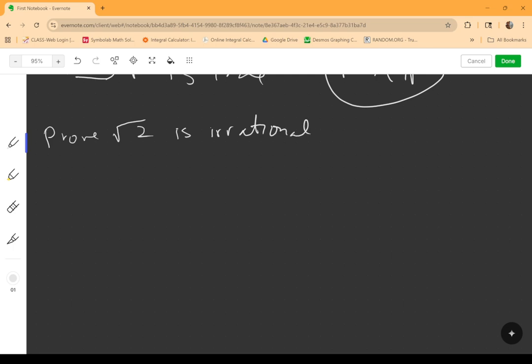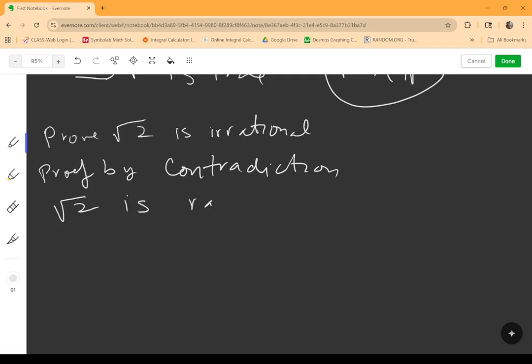And we're going to do this by contradiction. So the statement that I'm going to assume is that the square root of 2 is rational, and I'm going to arrive at some kind of contradiction.